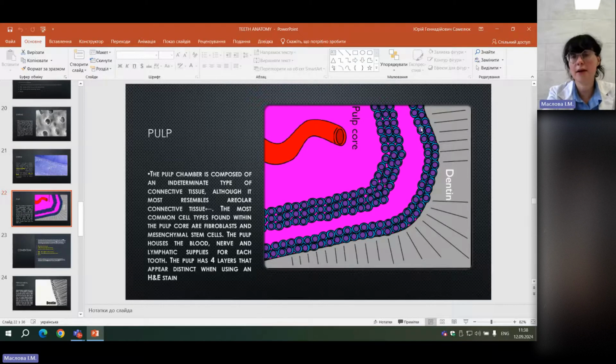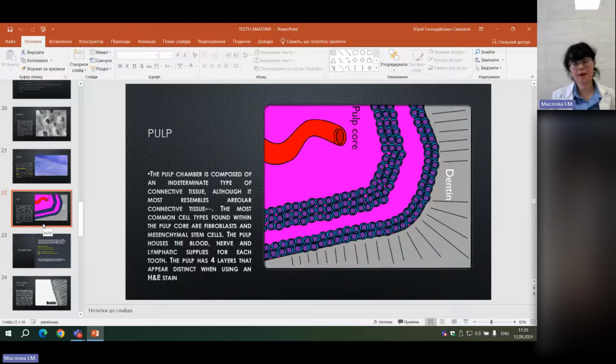The next layer is the layer of fibroblasts, a peripheral zone of pulp. The next is the cell-free zone, and you can see the pulp core with different types of vessels: blood vessels and lymphatic vessels too, microvessels.